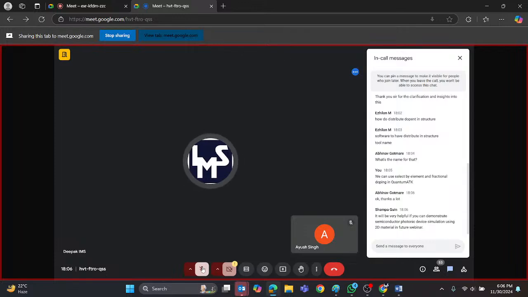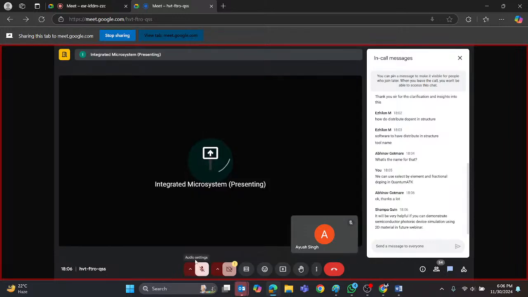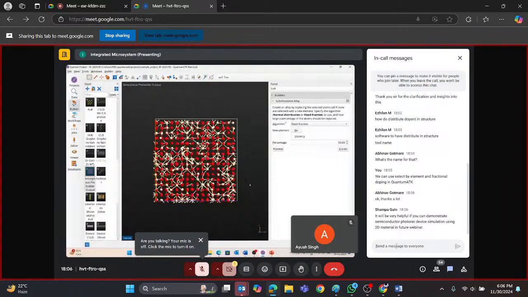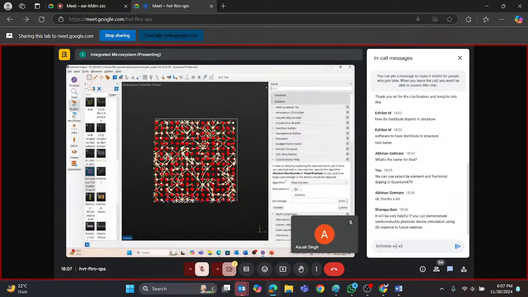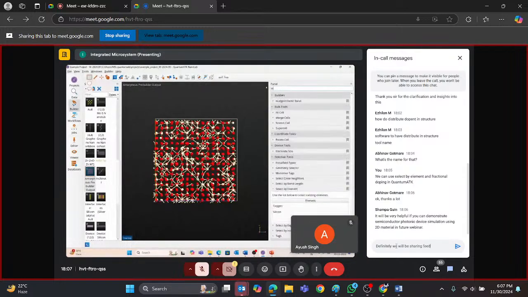Let me share my screen. You can see this is the QuantumATK graphical user interface, the Virtual NanoLab. So here we have created a structure, and in this structure we have to find the element first. So you can type here the element.